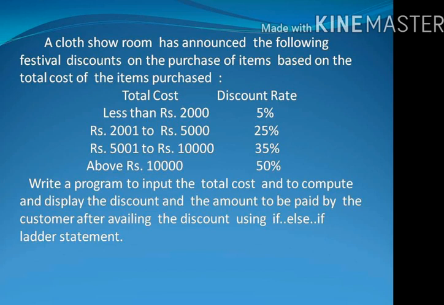Rupees 2001 to rupees 5000, the discount rate is 25%. Rupees 5001 to rupees 10,000, the discount rate is 35%. Above rupees 10,000, the discount rate is 50%. Write a program to input the total cost and to compute and display the discount and the amount to be paid by the customer after availing the discount, using the if-else-if ladder statement.